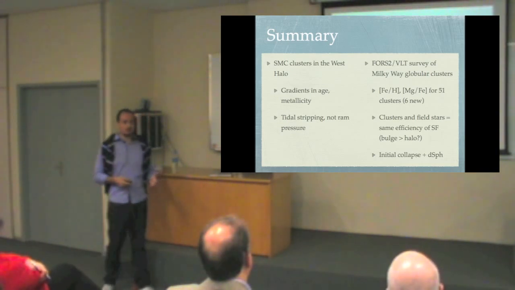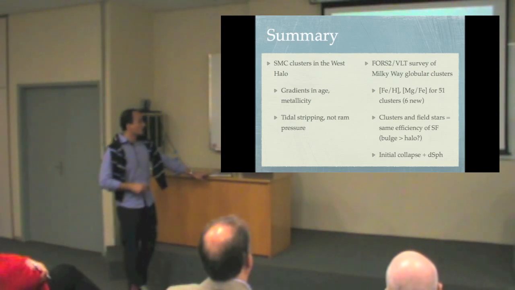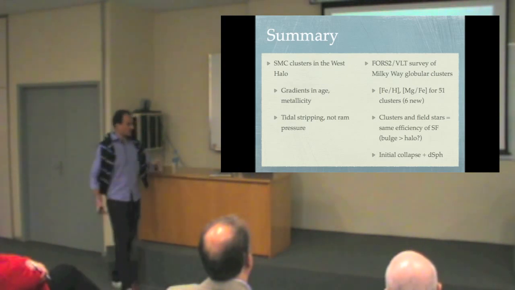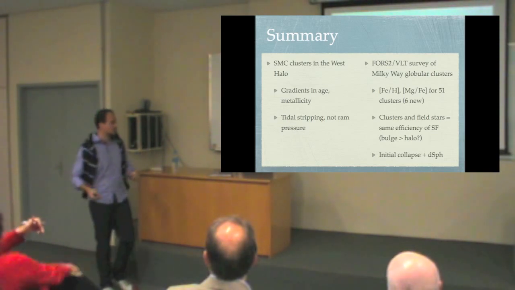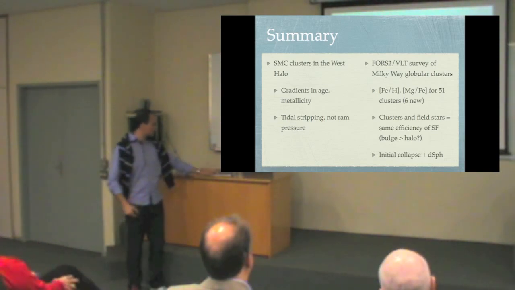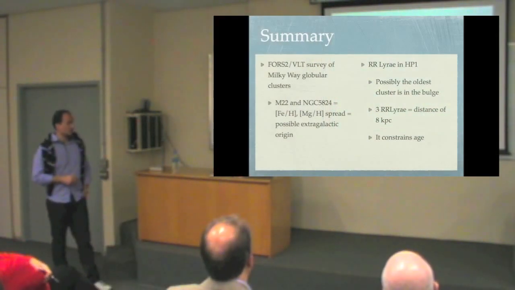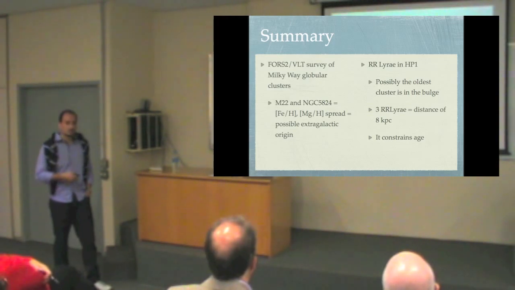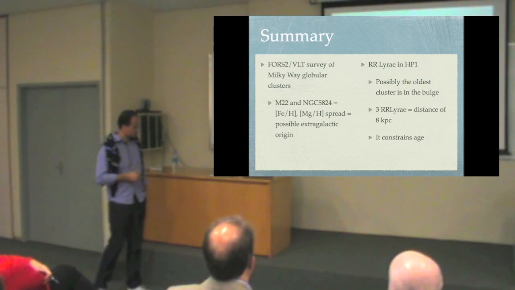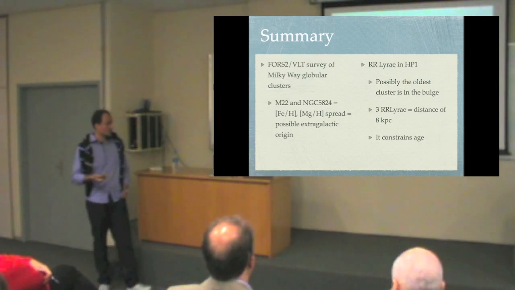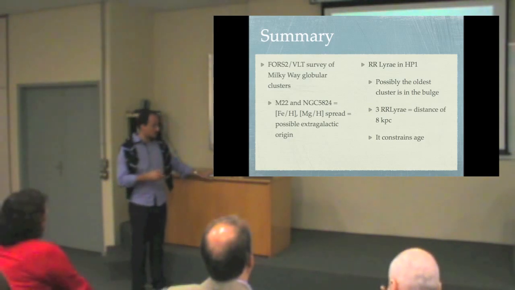and the bulge should be more efficient than the halo, and this has to be discussed more. And this could be explained by this initial collapse with different efficiency plus dwarf spheroidal galaxies' contributions to the halo components. Moreover in this survey, we studied 2 interesting clusters with multiple populations regarding metallicities and magnesium, and they have a possible extragalactic origin, taking again on this disruption of dwarf galaxies in the halo.